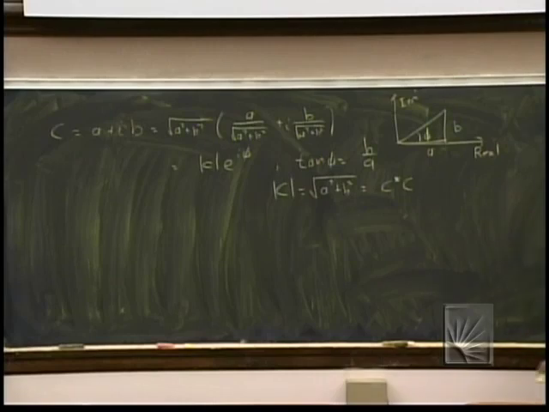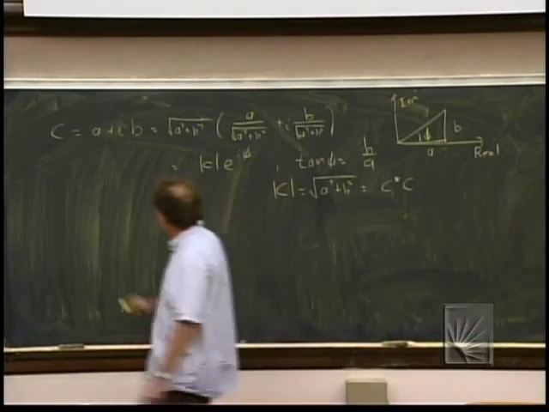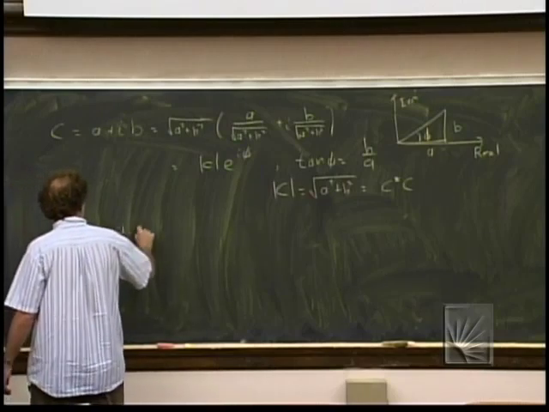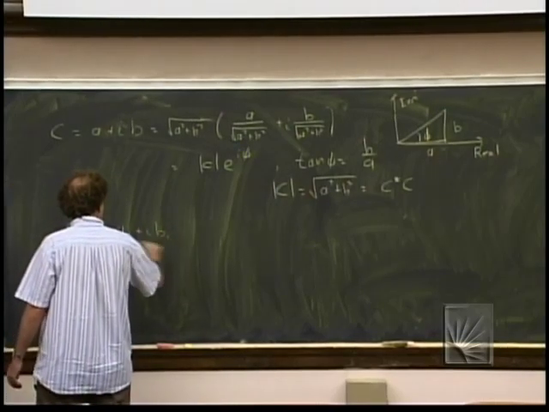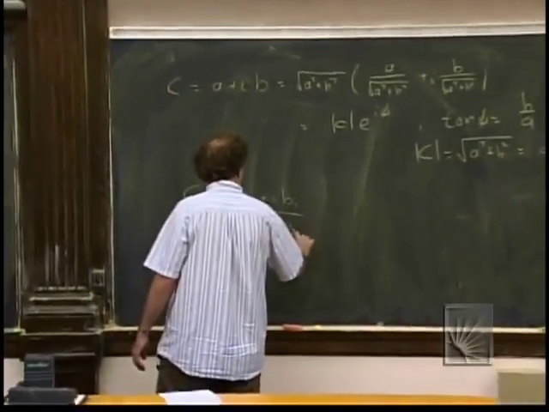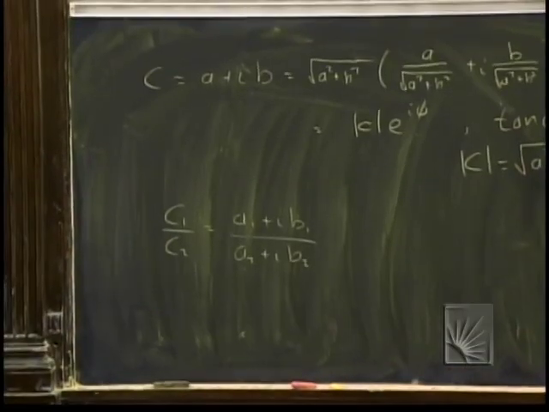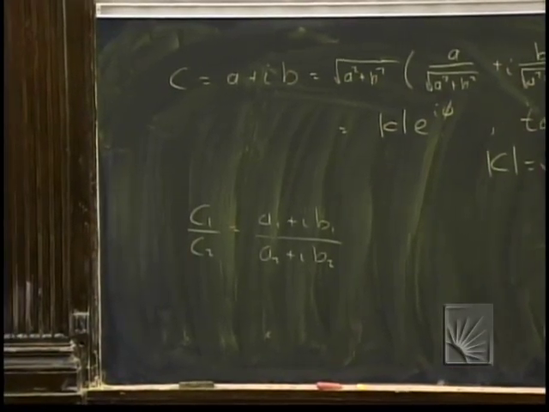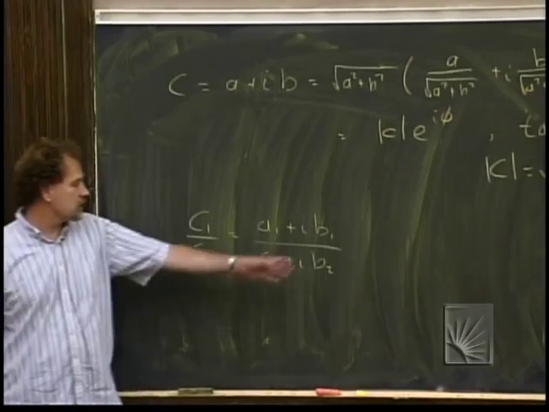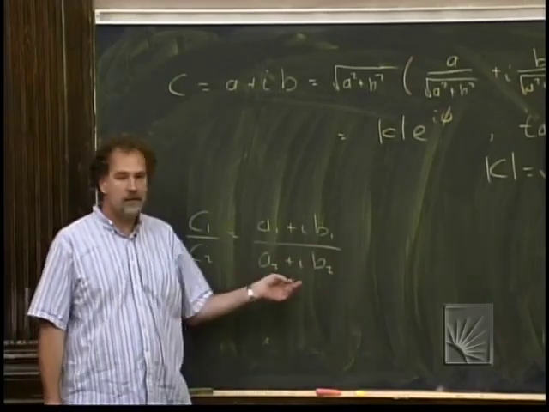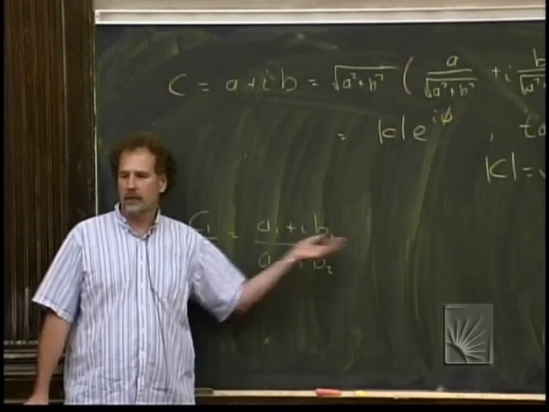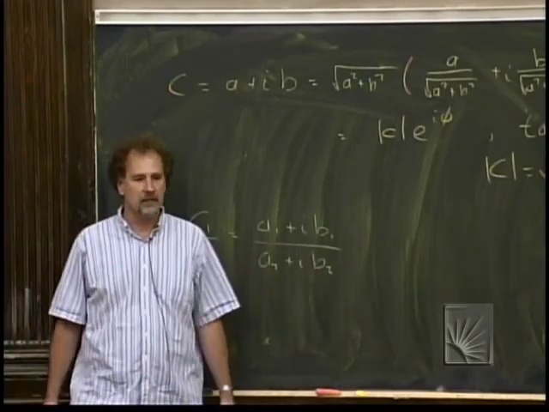Now what if I had, and for some reason I had one complex number divided by another. So c1 divided by c2, where that's a1 plus ib1 over a2 plus ib2. You can start manipulating this. One thing you may have seen is you can multiply this top and bottom by a2 minus ib2. Then the denominator will become real and the numerator will be kind of a complex mess.